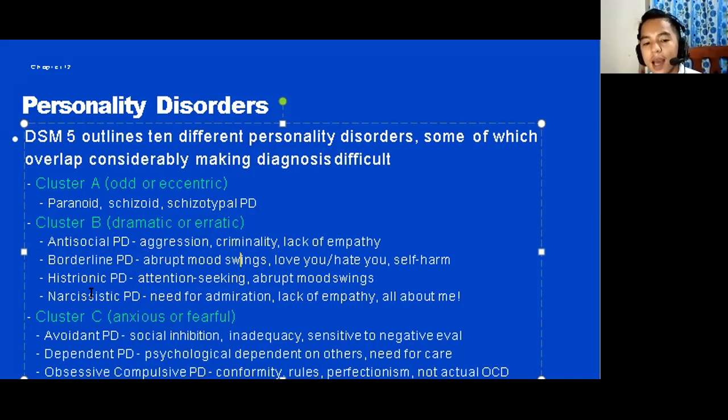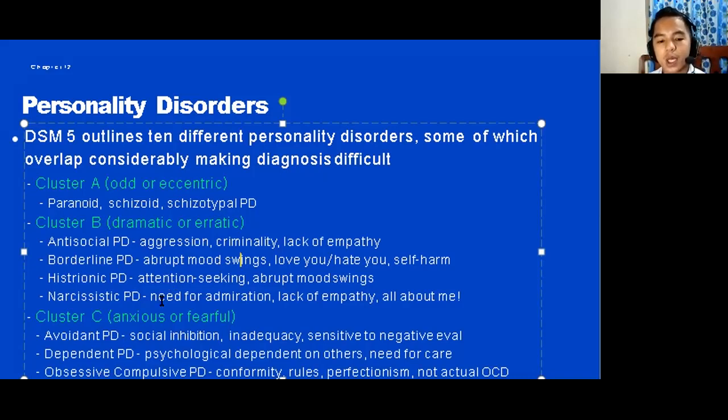The last for cluster B is the narcissistic personality disorder, in which there is a need for admiration, lack of empathy, or all about me. Dealing with narcissistic personality disorder is very difficult for the clinicians dealing with a client with narcissistic personality.